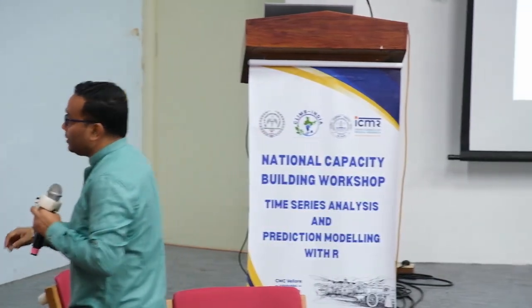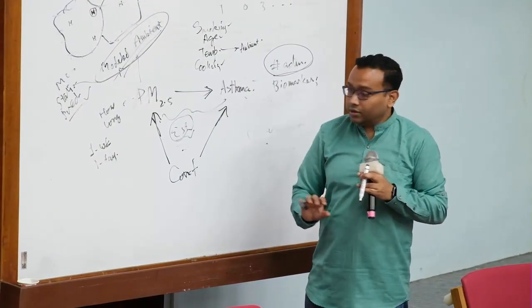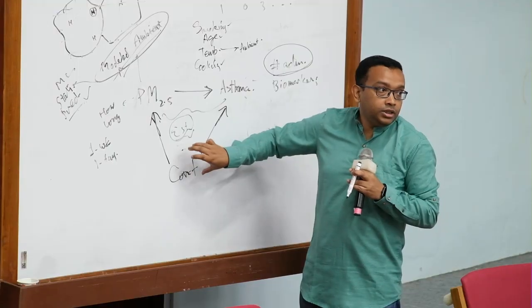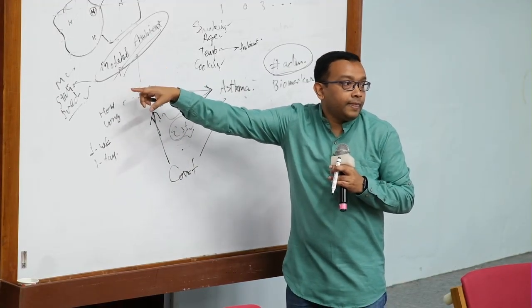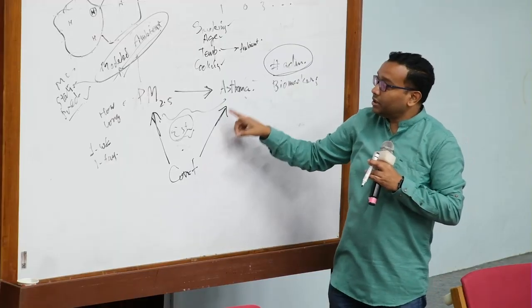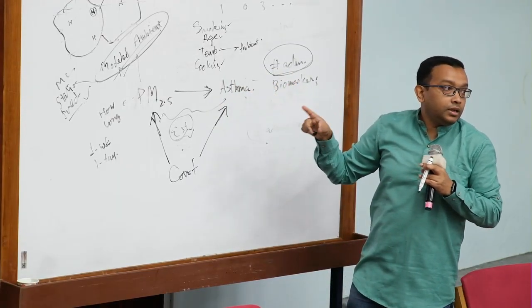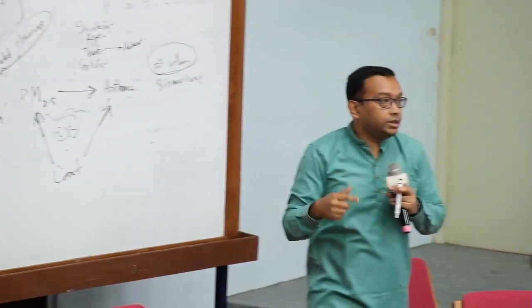What do I mean by flow of information? This is more of a probability concept. If you have information on the confounder, you have information on PM 2.5 measured this way, and this gives you information on asthma measured this way. It is not the other way around.